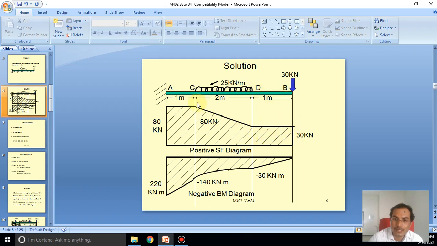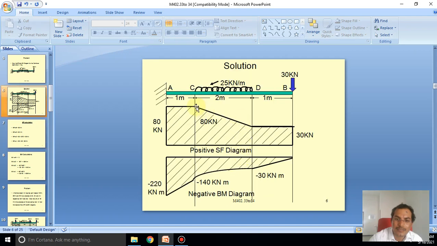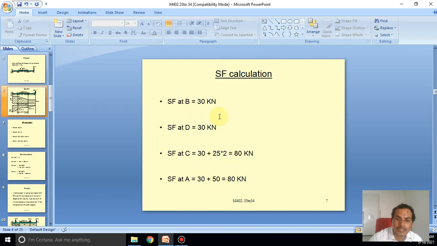From D to C there is a UDL load, so we draw an inclined line. What is the increase? Here 30 kilonewton, so we can write up to 80 at the point. From C to A we calculate in the same direction: at the point of C it is 80 and at the point of A it is 80.